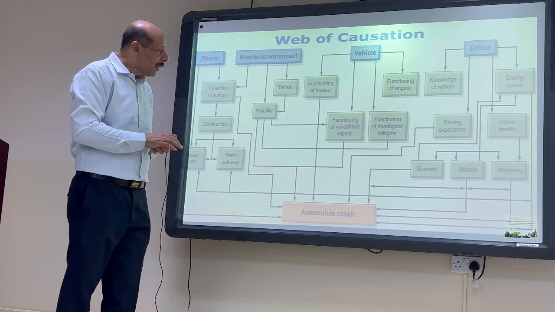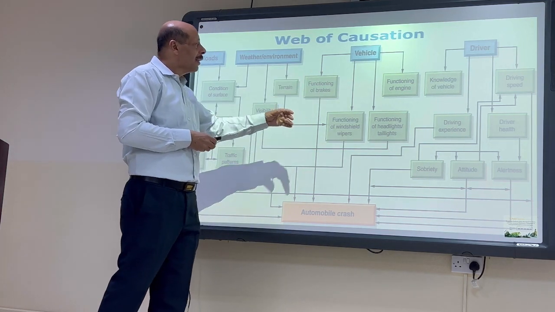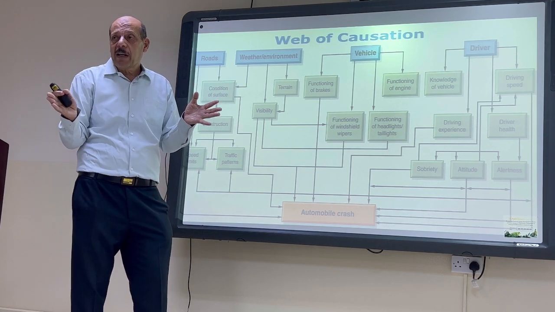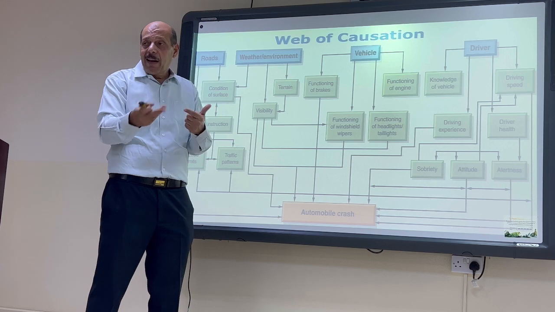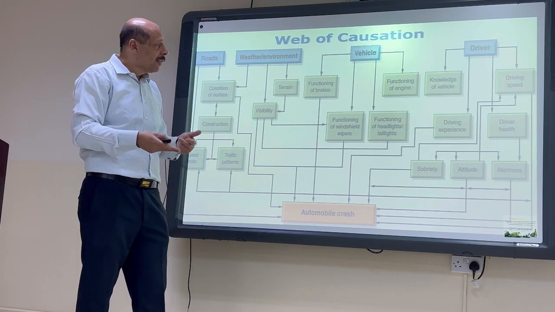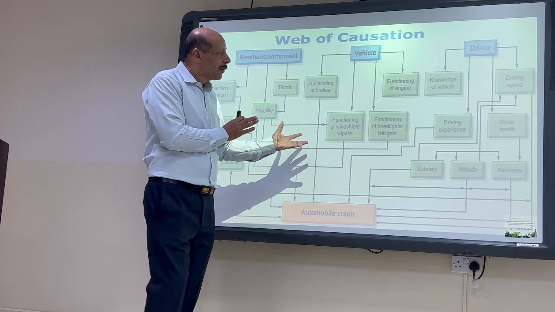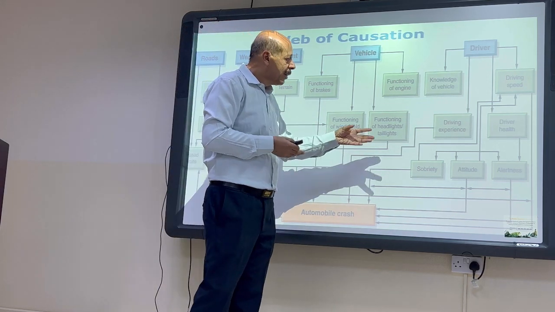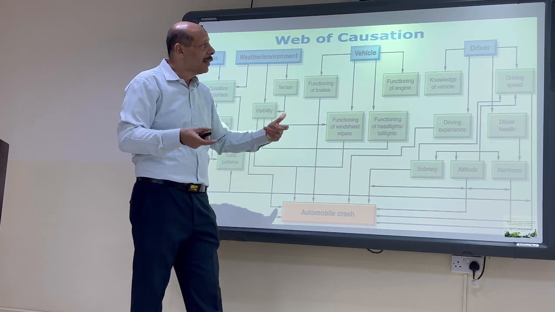So slippery road sometimes. Vehicle: the function of the brake, the tires condition. So all of that will be included. Function of the engine, function of the headlight, the front light.